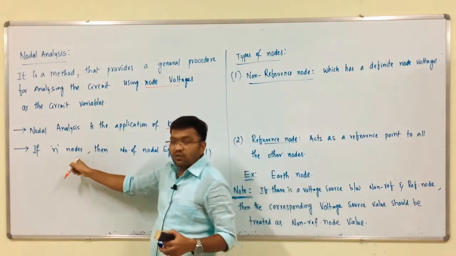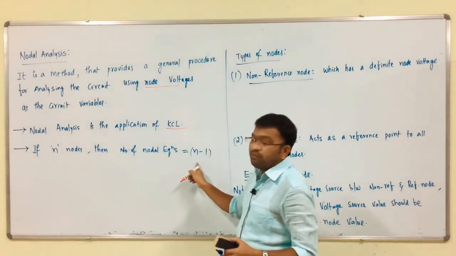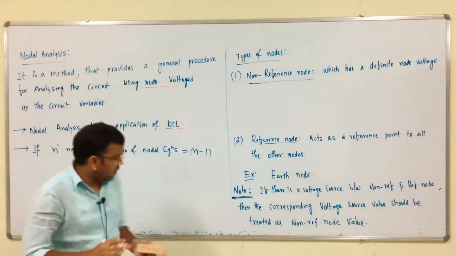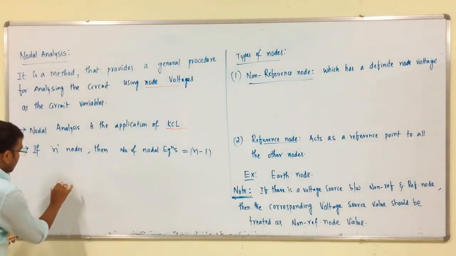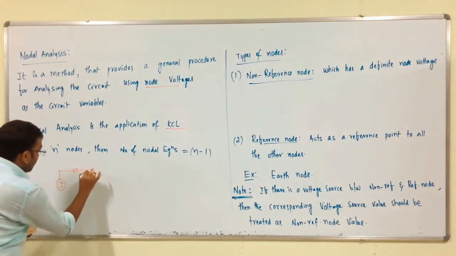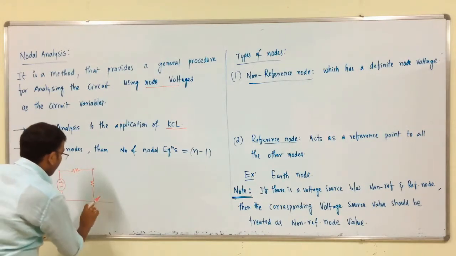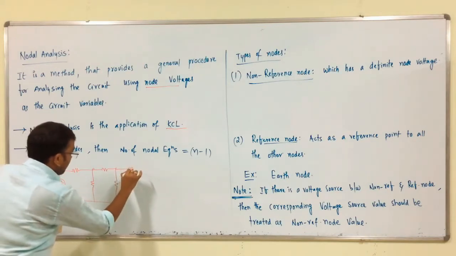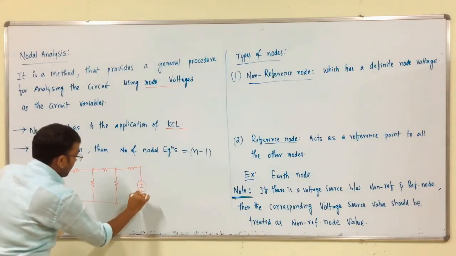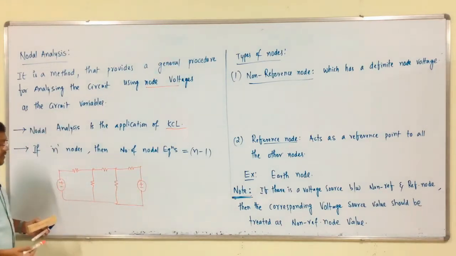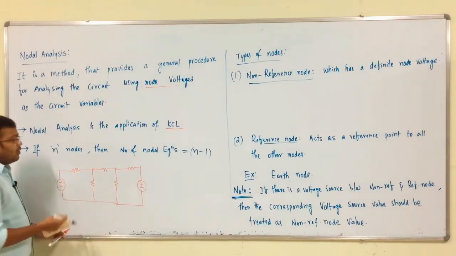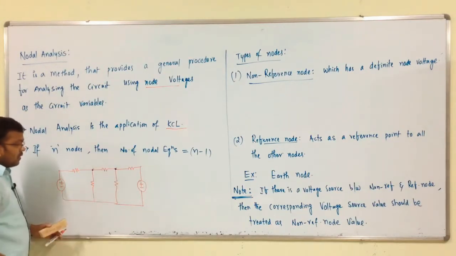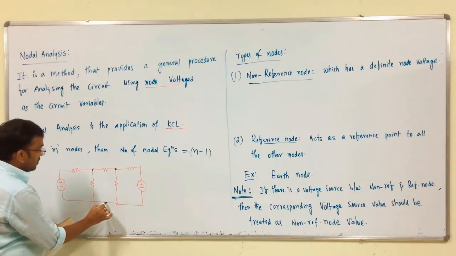If we have n number of nodes, then the number of nodal equations should be n minus 1. For example, consider this circuit. How many nodes do we have? 1, 2 and 3.